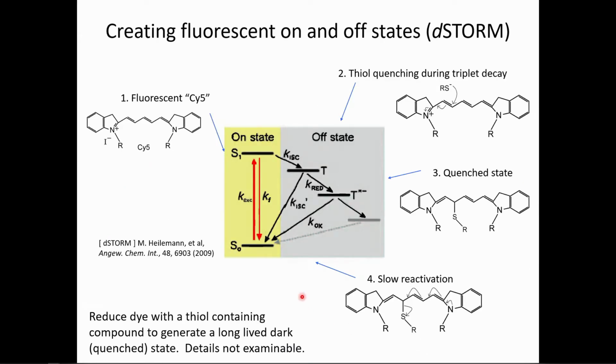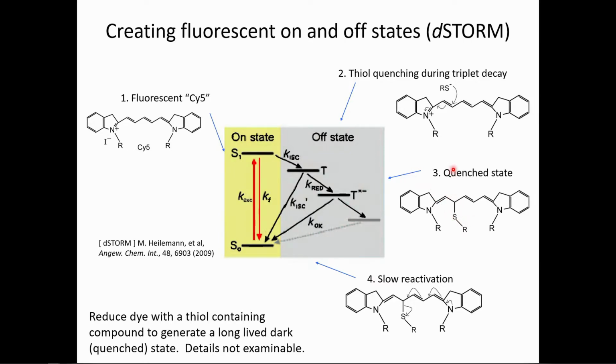How exactly physically this works, people don't fully understand yet, but here is a dye, a cyanine dye, which is similar to this Alexa 647 that I showed earlier. It is again a highly conjugated dye containing rings and also these linear conjugated bonds here. And so once it goes into the triplet state, it can be attacked by a thiol reaction.